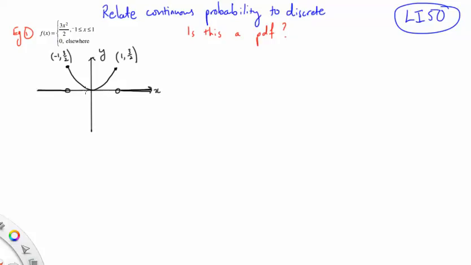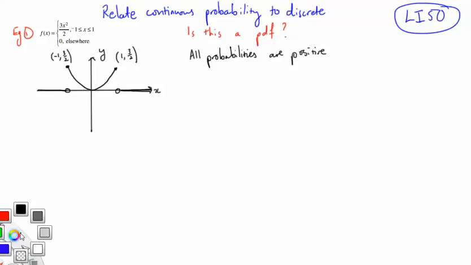So that's the first condition that it needs to satisfy. All the area under the curve happens in the top half of our Cartesian plane. So that's the first condition satisfied. All probabilities are positive, so we're going to give that a tick. So is this a PDF? Yes, because all probabilities are positive.